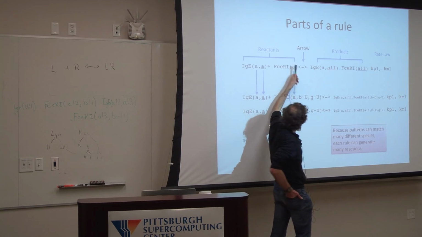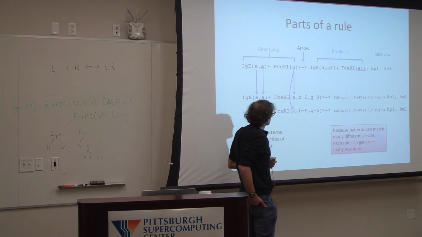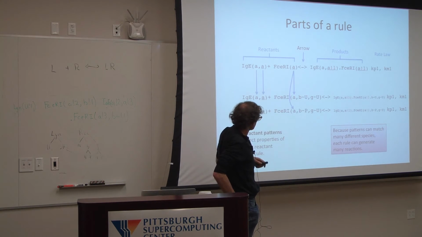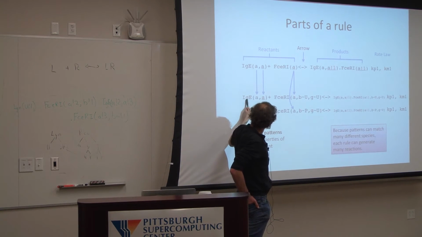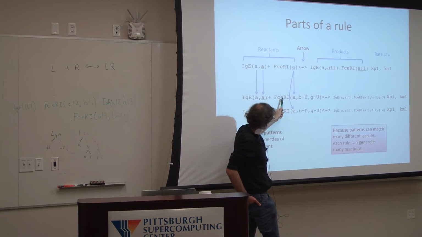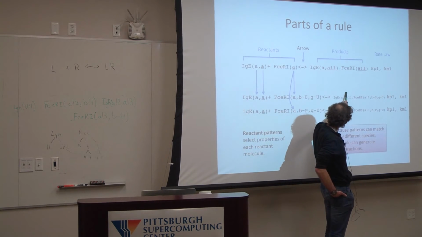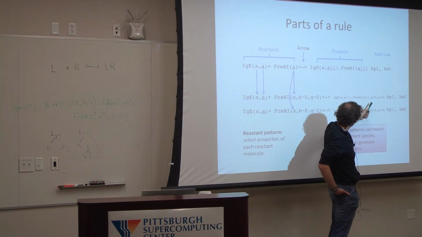The transformation that's implied by this reactant to product transformation here is carried out on the reactants. So we take, in the upper example, a free IgE molecule, a free unphosphorylated receptor molecule, and we create a bond between an A component of the IgE and the A component of the receptor.